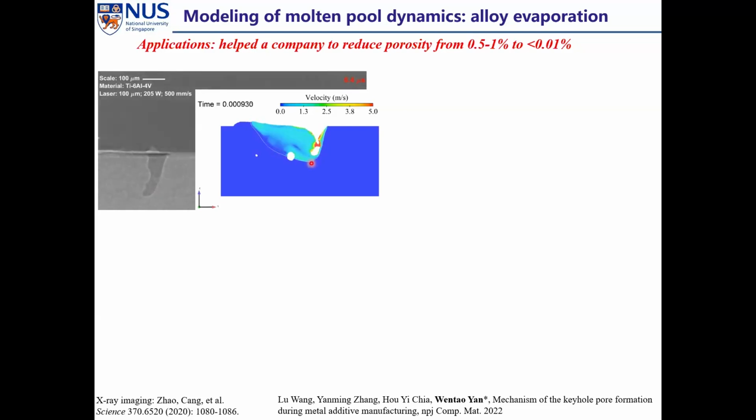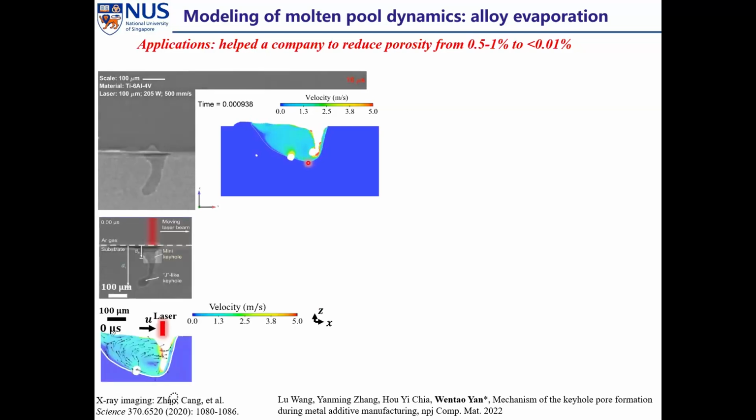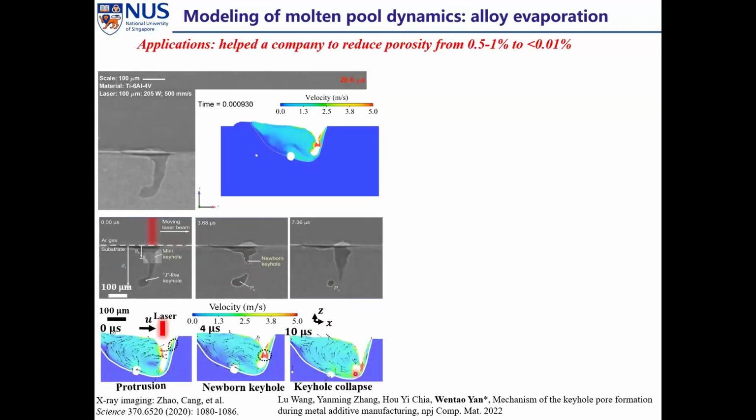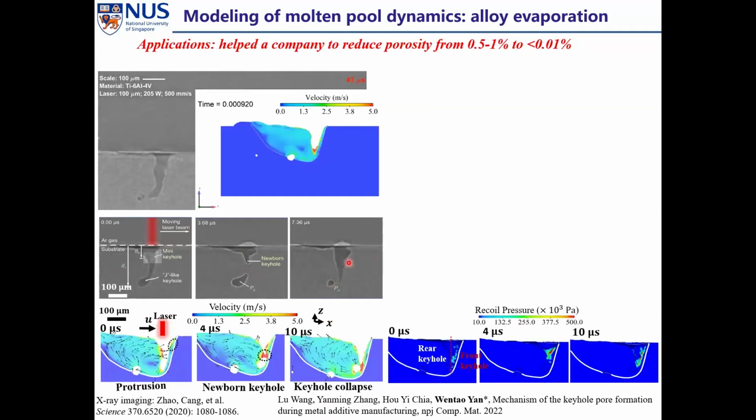This is our simulation, and we reproduce every stage during this process, the protrusion process, then the newborn keyhole, and then the keyhole collapse generates a bubble, and this bubble will be trapped by the solidification front, which is the liquid-solid interface, and then become a pore in the final part.